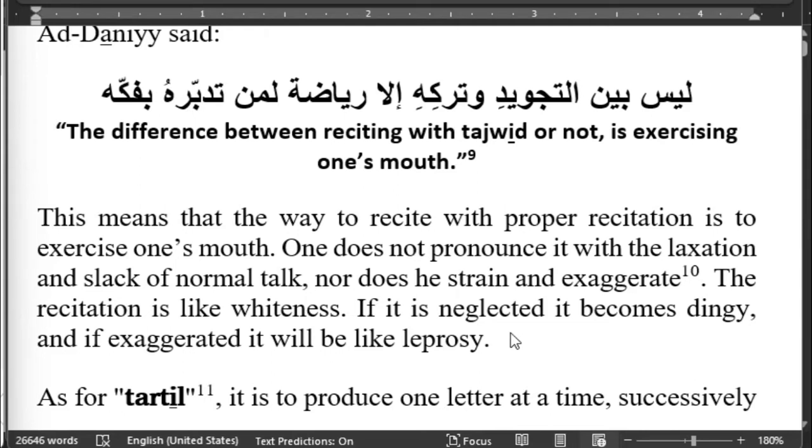There's no difference in enunciation or anything. They say, for example, this is what came in the book of Allah. Allah says, Bismillahir Rahmanir Rahim. For example. So better than that is tajweed.